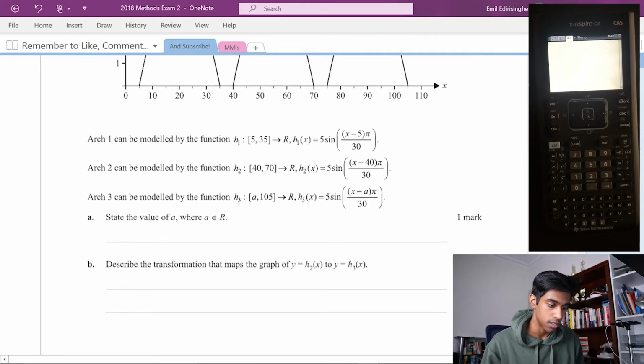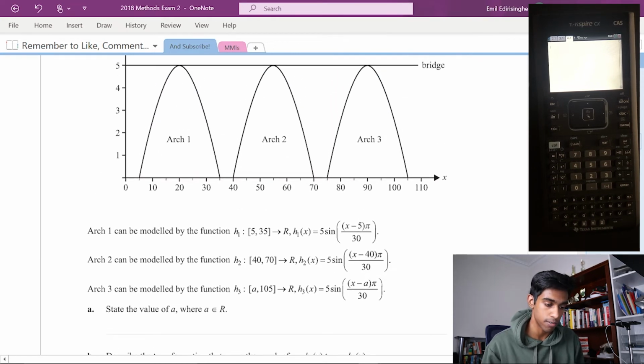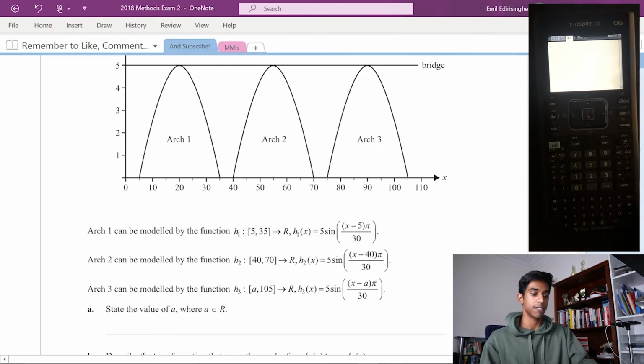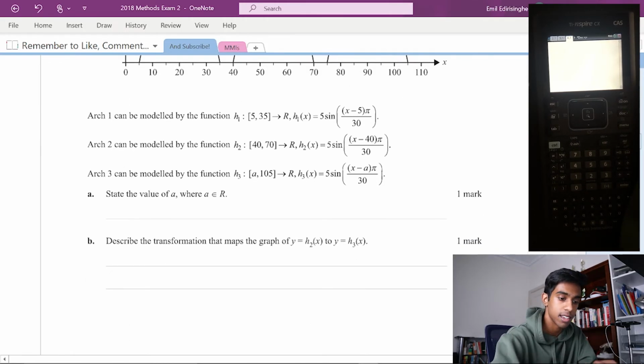So I think this isn't too bad because we've got arch 1, it goes from 5 to 35, and it's x minus 5. This is from 40 to 70. This is x minus 40. So if this starts at 70, this must start at 75.